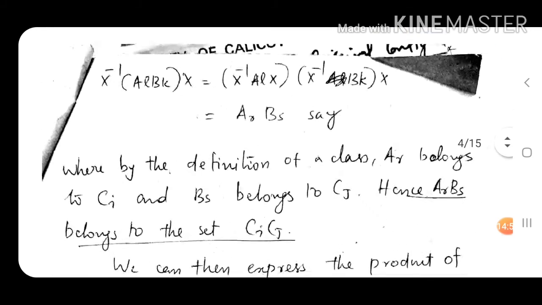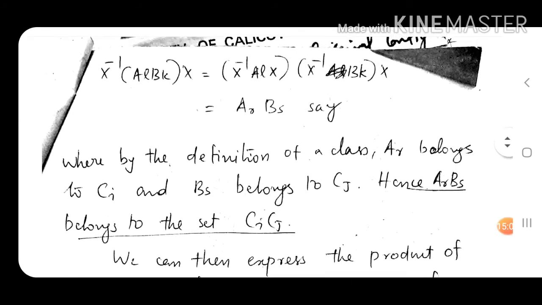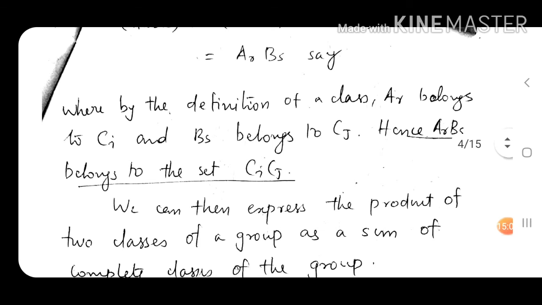Hence ArBs belongs to the set Ci Cj, because we are taking every element of Ci with every element of Cj.